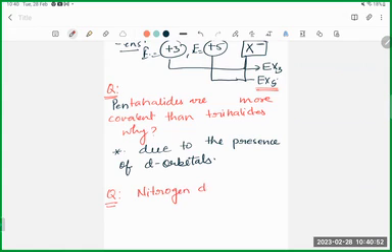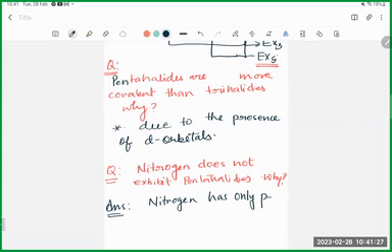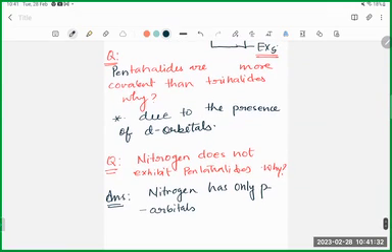What is the answer, Hridaya? Because d orbital is not available, so it will not go for the +5 oxidation state. Is it clear? Yes. Nitrogen has only p orbitals. You have seen this in the covalency explanation; the same is repeated here.